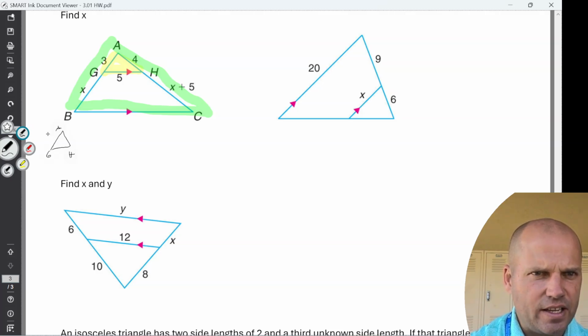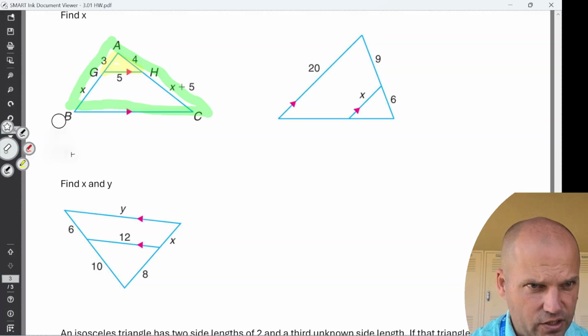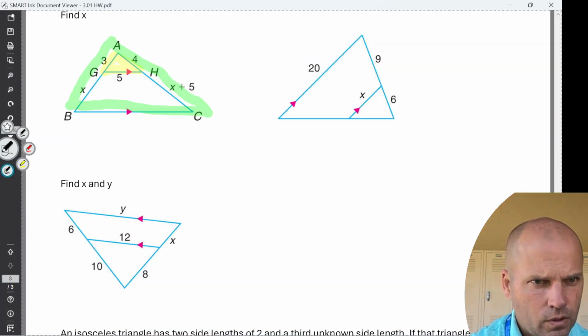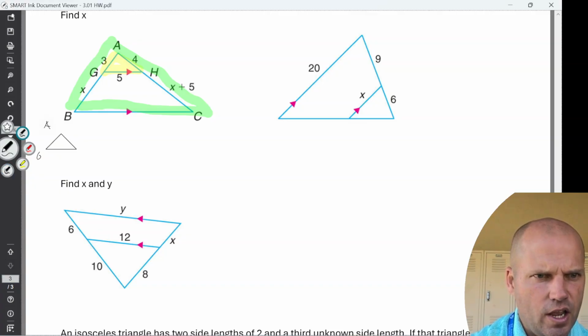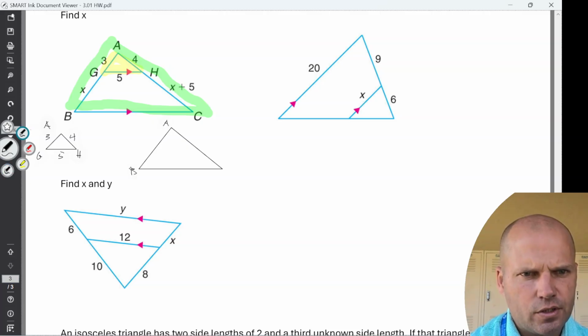I'm going to write down the side lengths. It's a 3, 4, 5, which means it must be a right triangle. But we're not going to use that to our advantage. So AGH 3, 5, 4. And then the other bigger triangle is ABC. Now, here's where it's crucial.